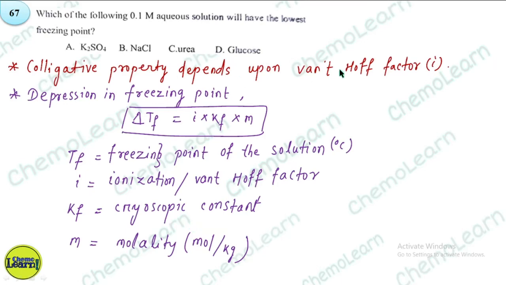So, depression in freezing point has the formula delta Tf equal to i into Kf into m, where Tf is the freezing point of the solution, and delta Tf is the depression in freezing point. i is the ionization or Van't Hoff factor, Kf is the cryoscopic constant, and m is the molality.